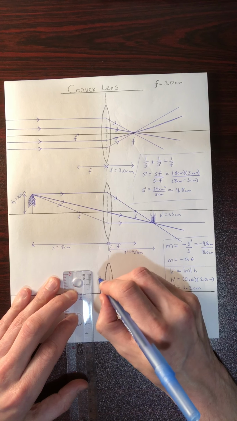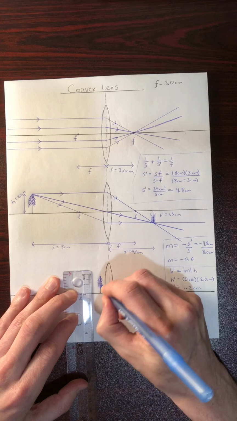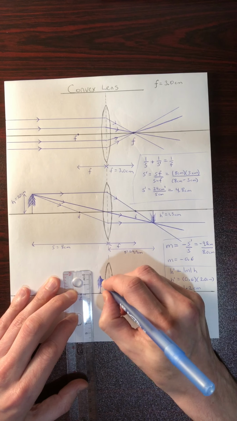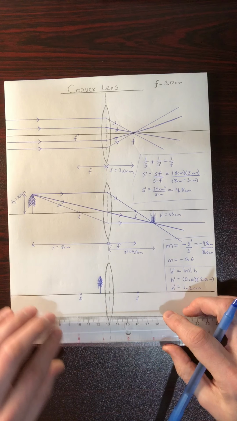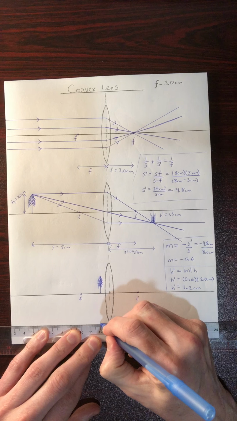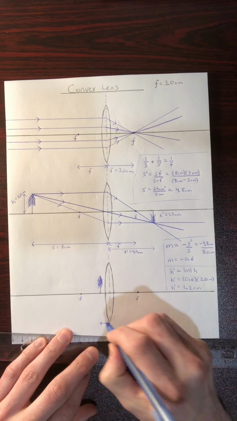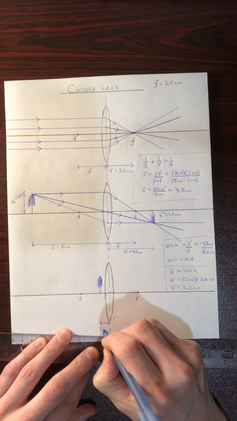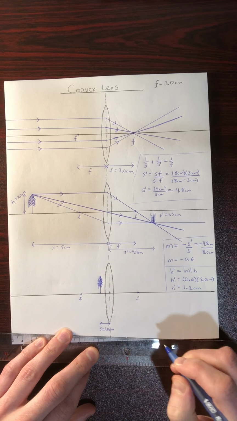Okay. And this tree is about 2 centimeters high or thereabouts, and it is at a very tight distance. It's going to be 1 centimeter from the lens. So this is our S, our distance to the object, and that's 1.0 centimeters. Okay.